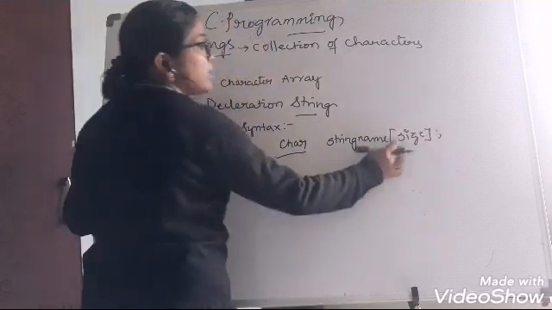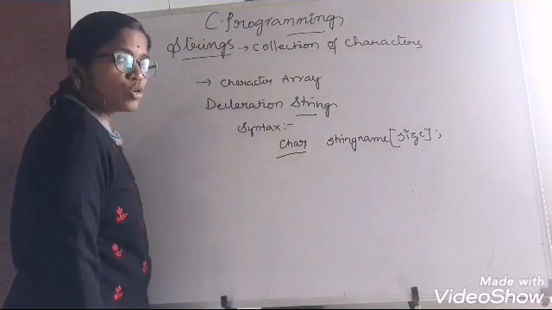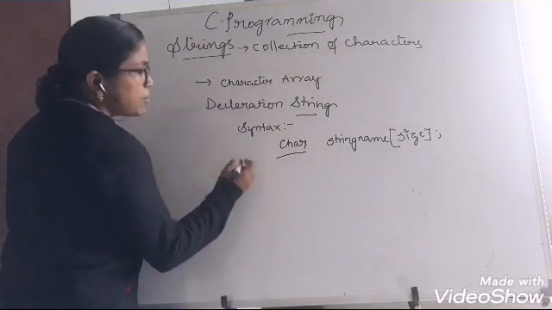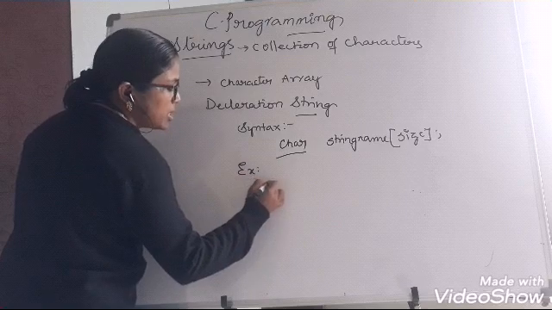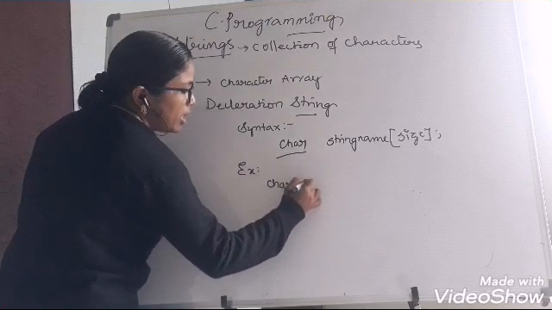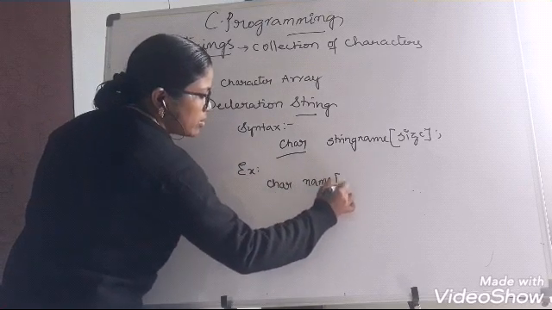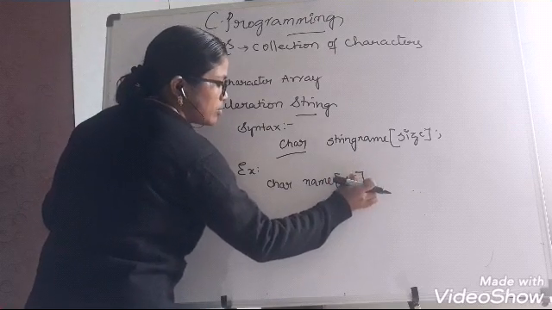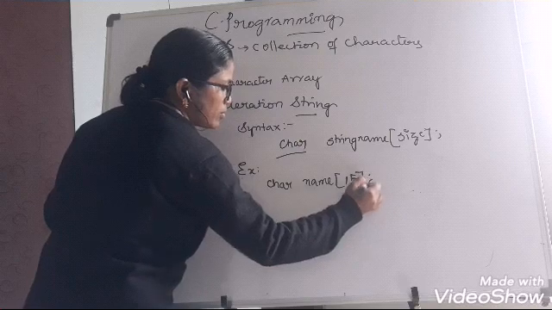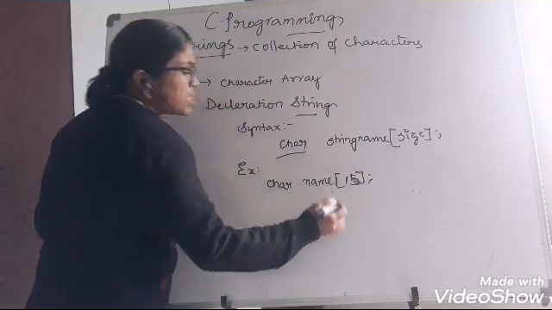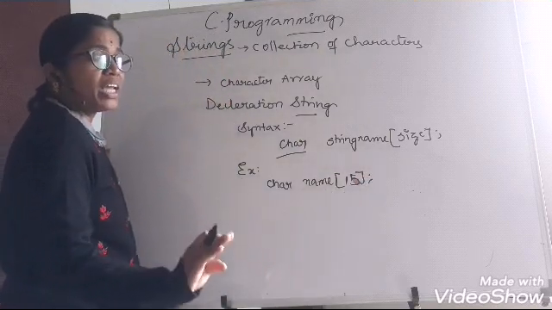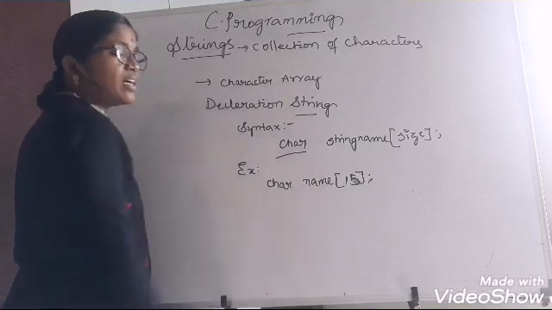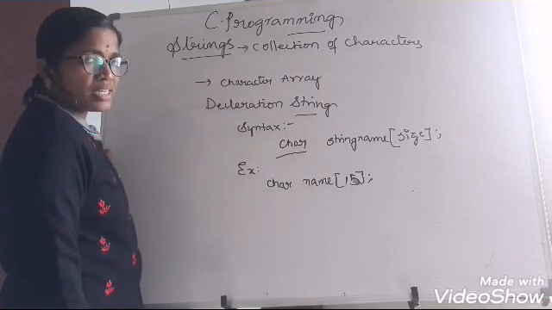So these many number of characters I will allow into my string. Suppose I want to write char name of a student, I will allow 15 characters. That means the maximum size of the name can be only 15. It cannot exceed 15 as the size.